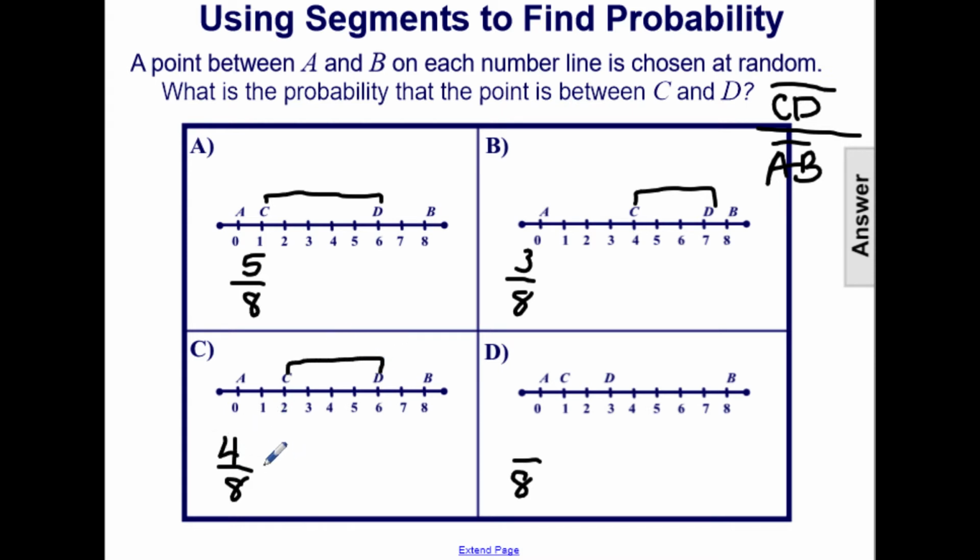So you have a probability of 4 over 8, which can reduce to 1/2. In D, we have C of 1 going to D of 3, which gives you a length of 2. So you have a probability of 2 over 8, which can reduce to 1/4. So you can see how all the probabilities change and compare to each other with the different lengths of CD all over the same length of AB.